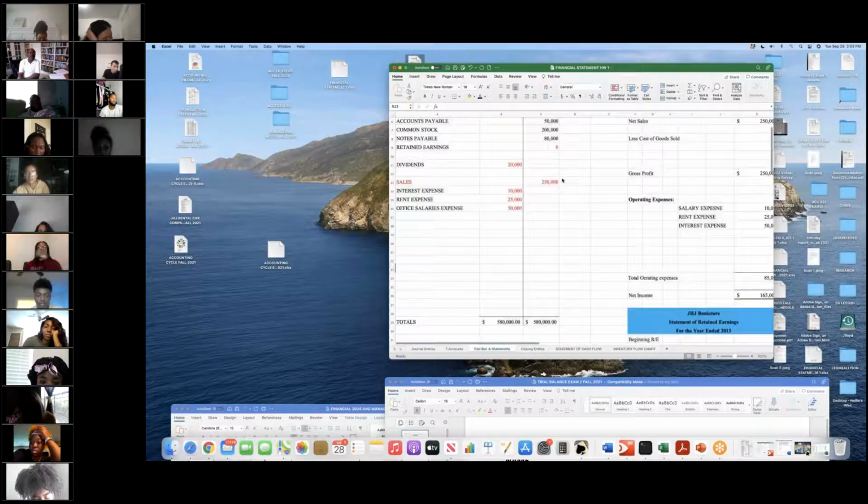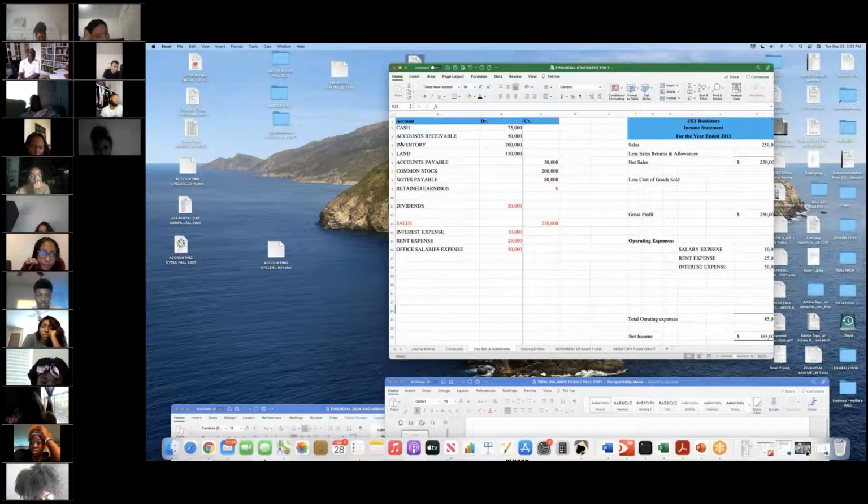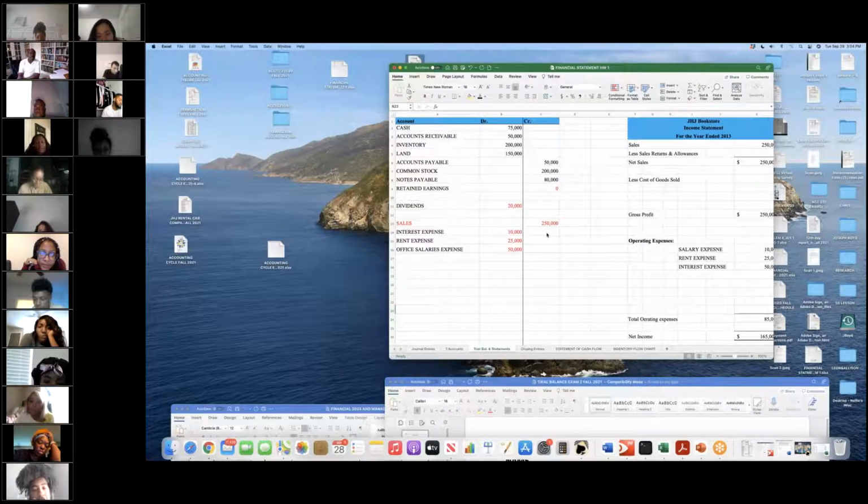So all we said on the income statement, and it's good that you're honest, is if you put the trial balance in the right order, assets, liabilities, got this a little out here. Notes payable should be above common stock, then retained earnings here. All you got to do is look from sales on down, and that's your income statement.